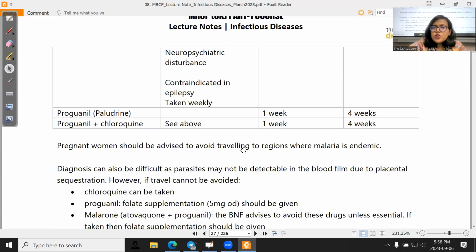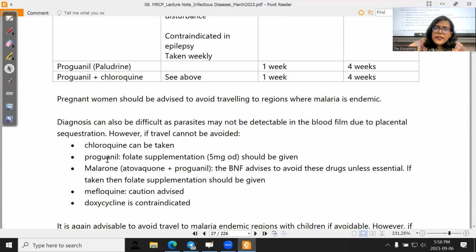Pregnant women should be advised not to travel to the endemic region. However, if it is very important to travel, then chloroquine can be taken, okay? Proguanil, anything can be taken apart from mefloquine and doxycycline, okay?